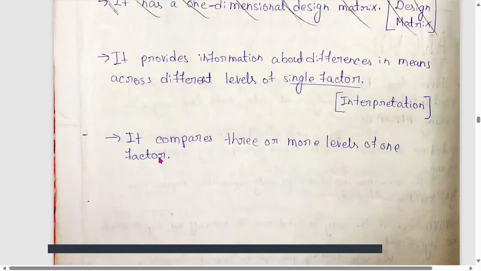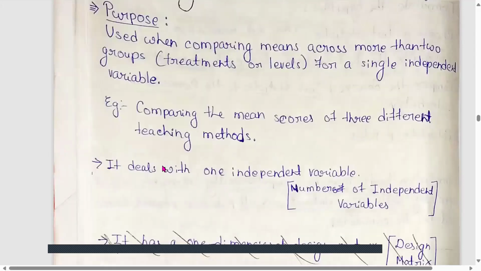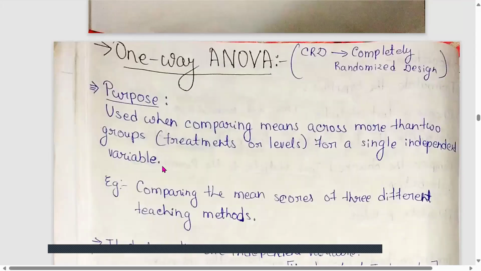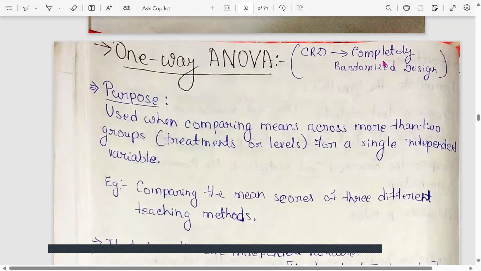I am going to revise this concept once again so that you can keep it in mind. CRD means completely randomized design.